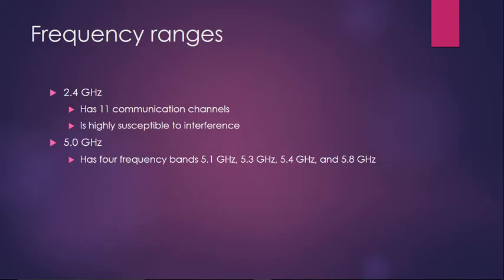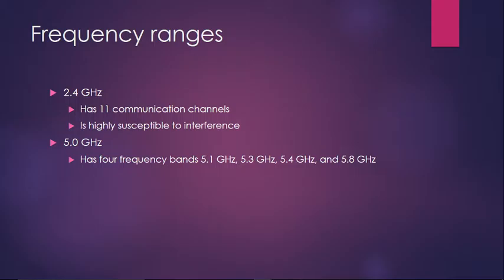I also learned about frequency ranges. I was always confused about those, especially on routers when it says 2.4 gigahertz and 5.0 gigahertz. I didn't really know what that meant, but now I have a better understanding.